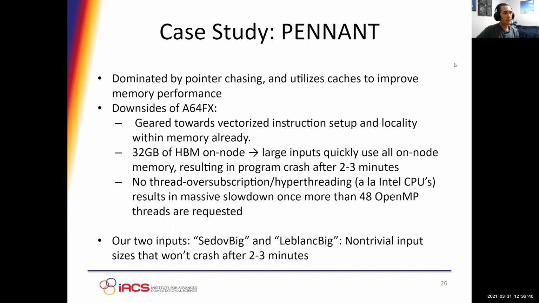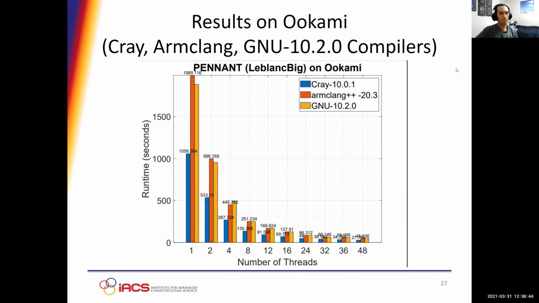Similar to Yan and Swim on the next slide, I also ran with the GNU Compiler version 10.2.0, ARM Clang++, and the Cray compilers. In this case, the Cray compiler pretty much takes the cake on every single OpenMP thread value we've given from 1 to 48.